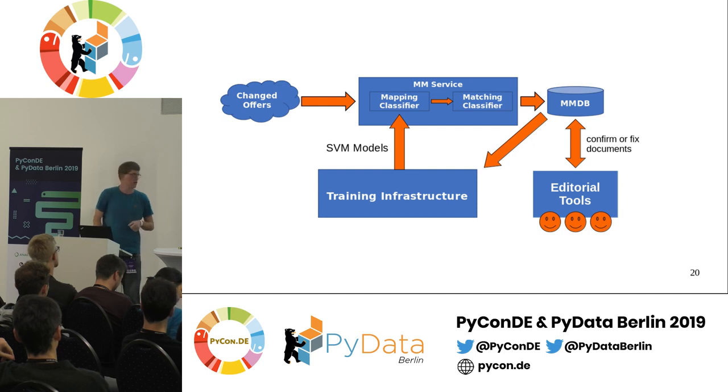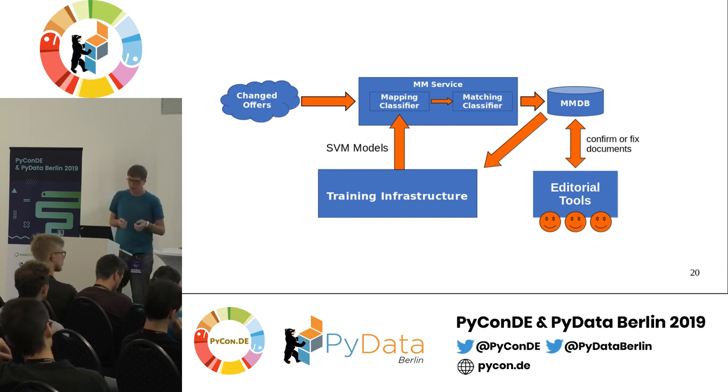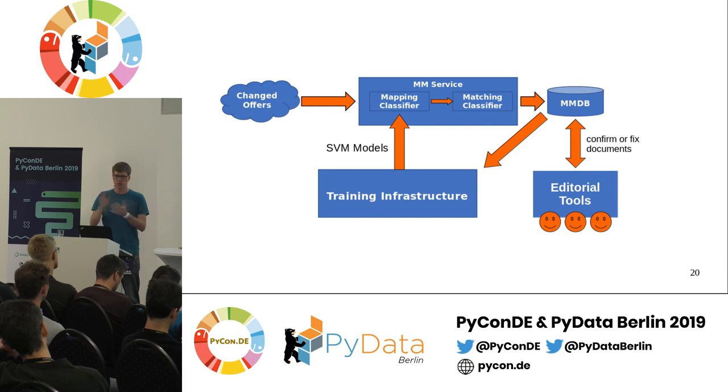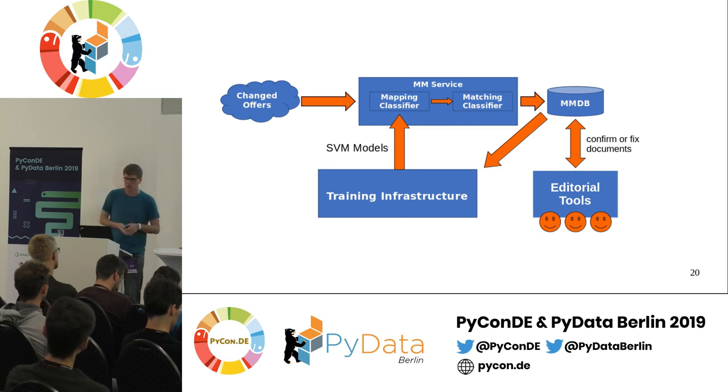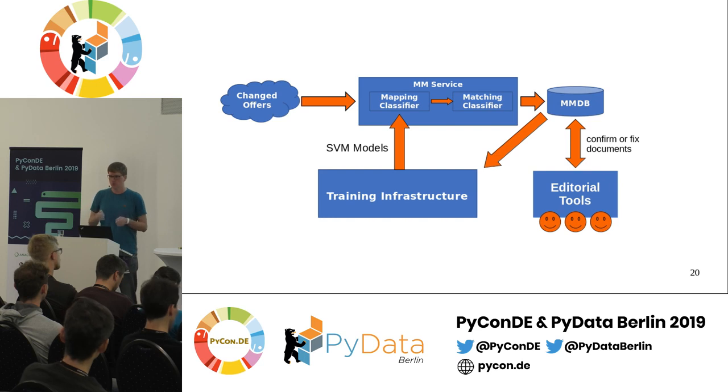So editorial tools were added to the mix. There's editorial staff, category managers, who are experts for the details of specific kinds of products and categories, and they go into the data and fix errors and confirm documents.